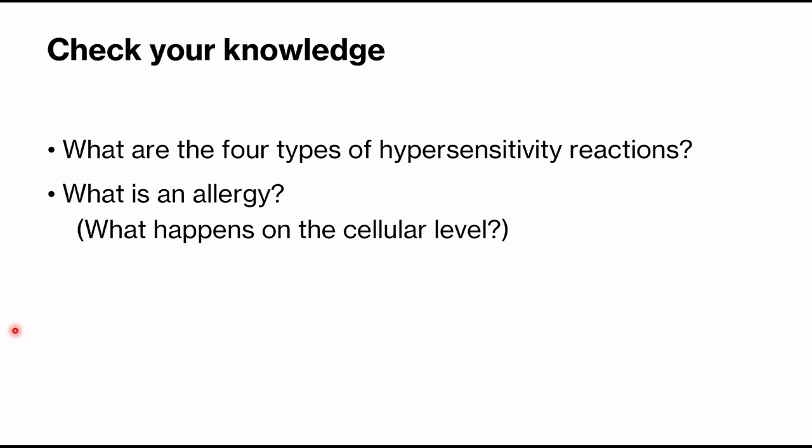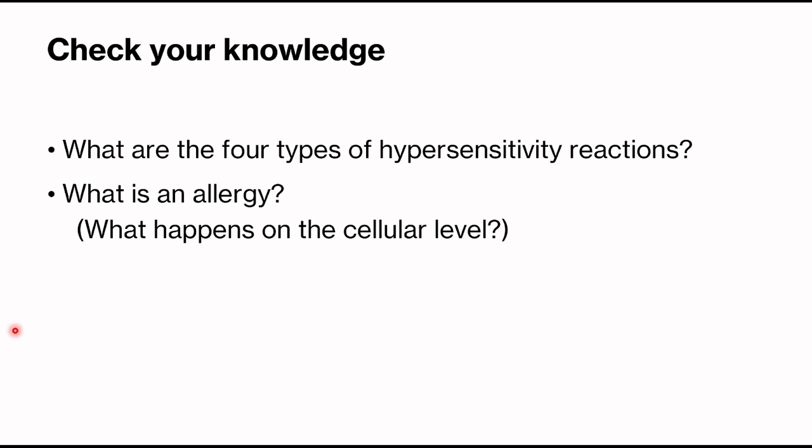But allergy is to a foreign compound, which is what the body should react to. But in an allergy, this reaction is stronger than it should be, or strong in a case where there should be no reaction at all, because this compound is not a pathogen or anything. It's not something that's going to harm us.